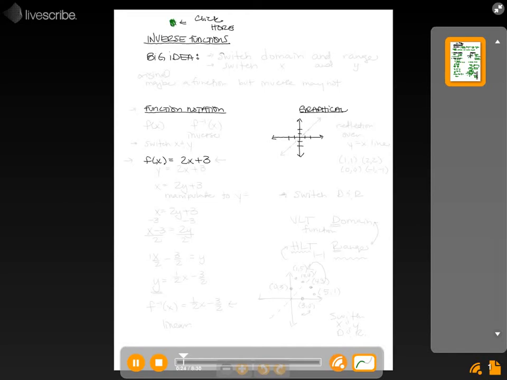The big idea is that you switch the domain and range. They swap. Now again, your domain is your x values and your range is your y values. So another way of thinking about it is that you're switching the x and the y.